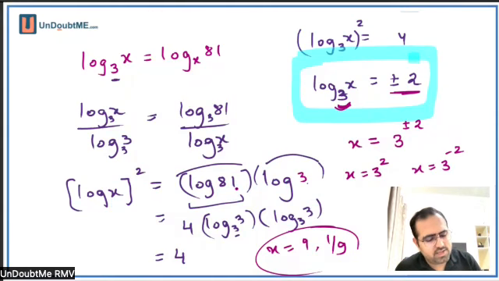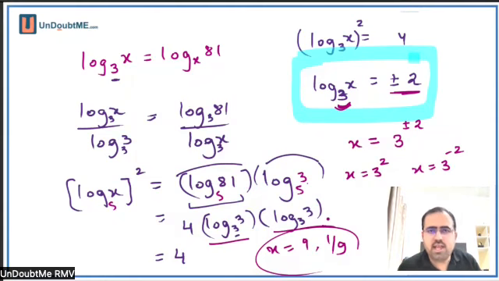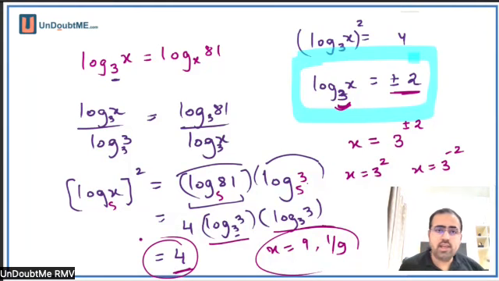There was no obligation, and if I take base 5 on both the sides, no problem. But then base 5 will not give me my answer. I want to get rid of log. I have to think of a base in such a way that I get rid of log. I don't want log terms. So at least from the right hand side, I removed all the log terms. I got only 4. So that was the mindset behind taking 3.